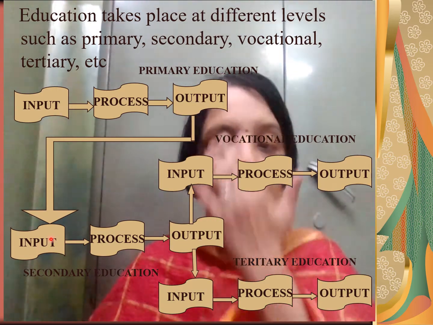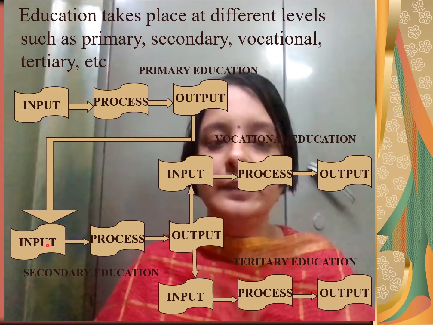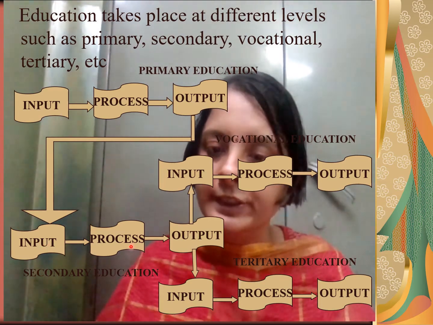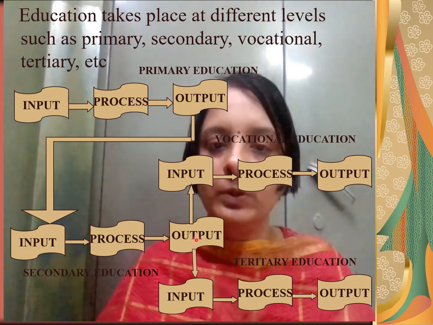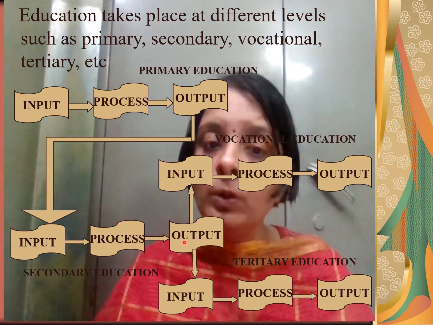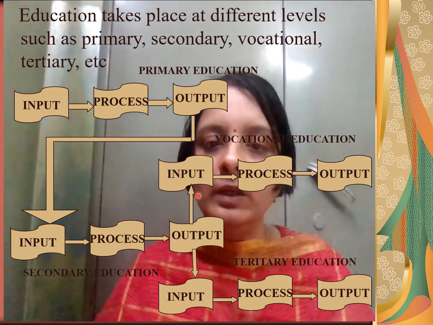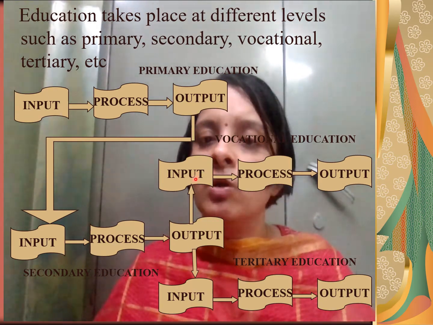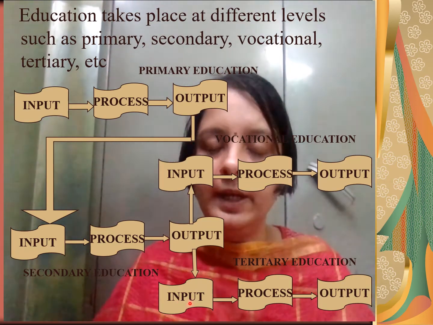That means the child will be going into secondary education, right? So input, there again process will take place in secondary education, and then the output. Now the output of secondary education will lead the child to two other aspects, that is vocational education or tertiary education, right?